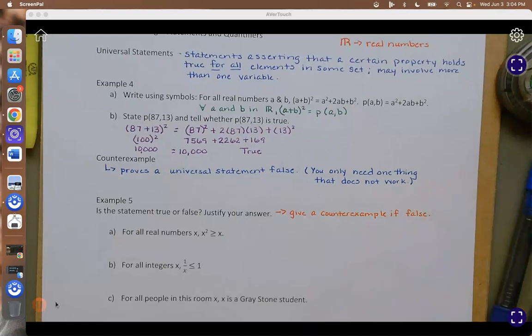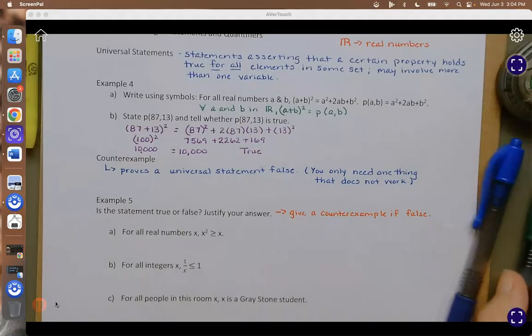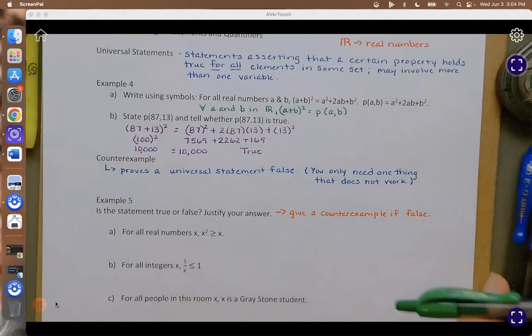Okay. Another thing we're going to do is we're going to write each of these statements in symbol form. Okay. Right, using symbols. So we're going to write all of these in symbols. So let's just go ahead and do that first.